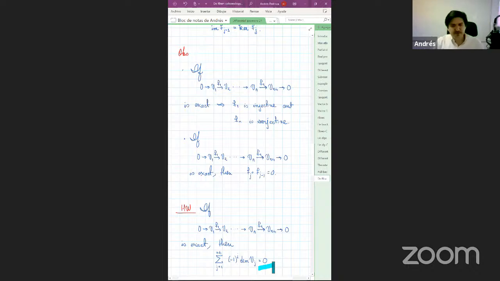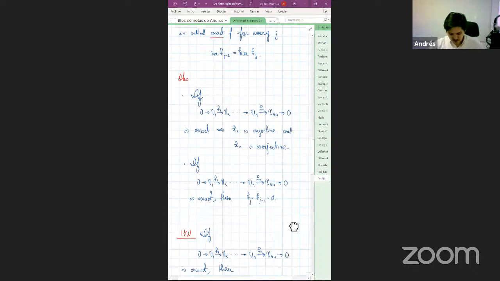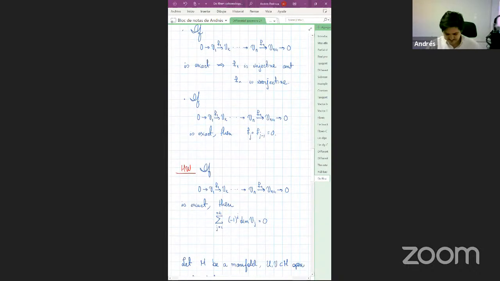This is a very useful fact about an exact sequence of vector spaces and linear maps. I think this is all that we will use about linear algebra.